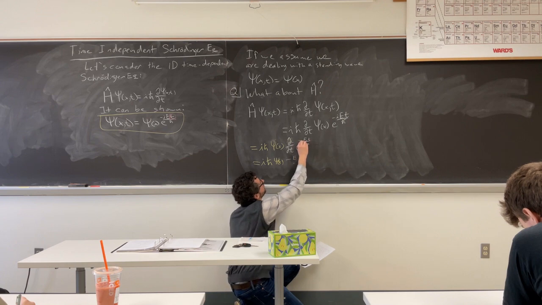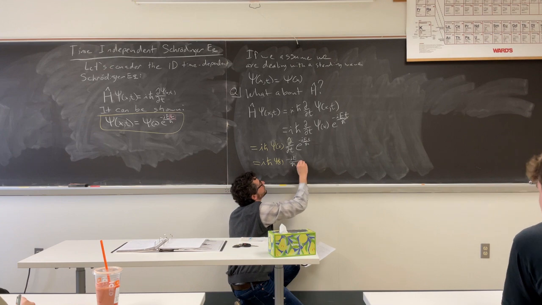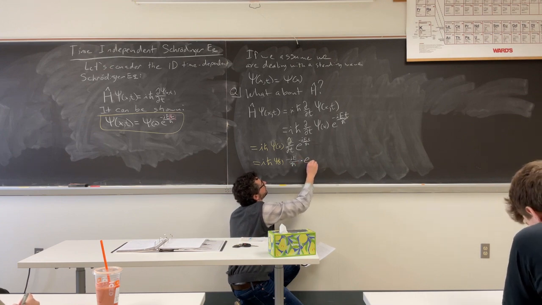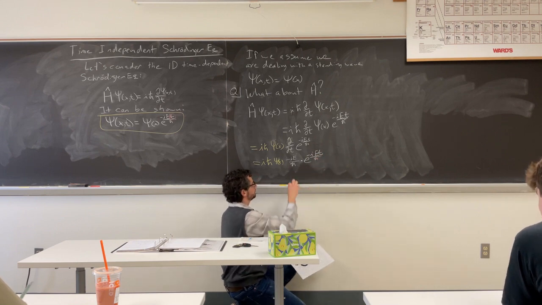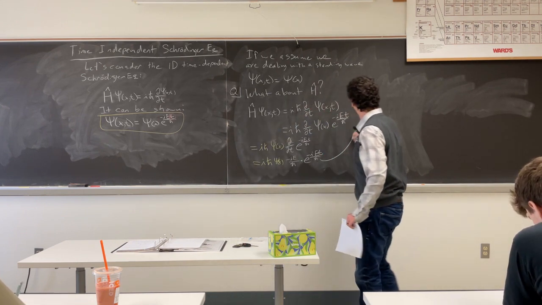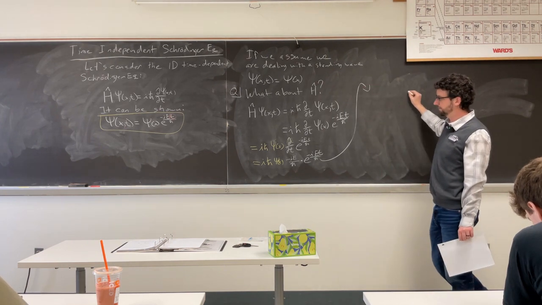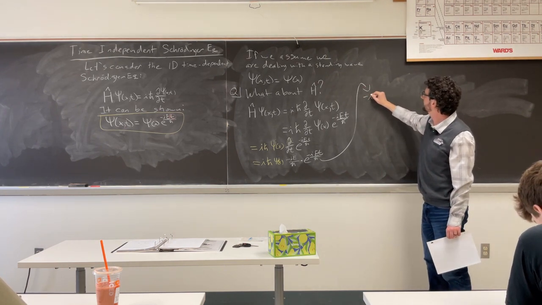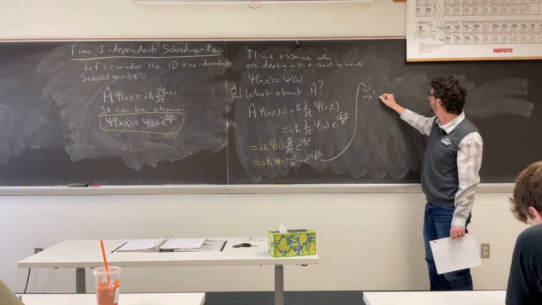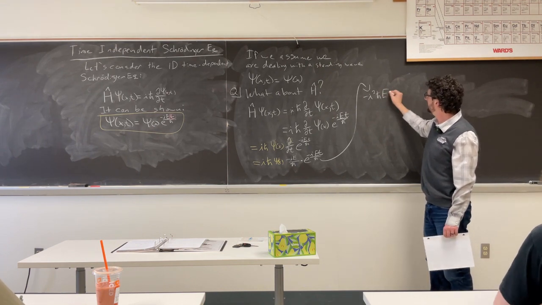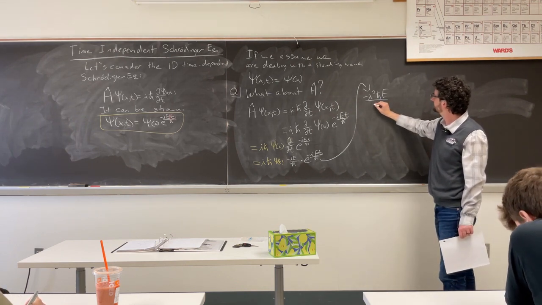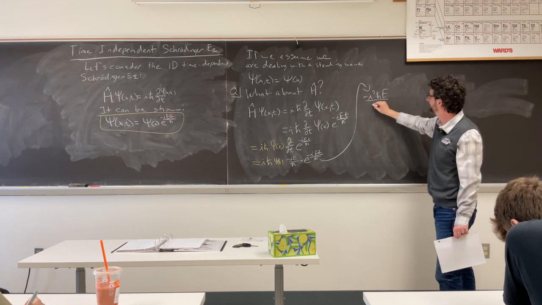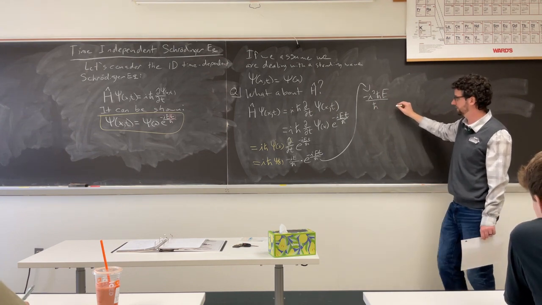Oh, yep, the i. There we go. Negative i E over h bar times what? Yeah. Okay. Let's take this stuff and combine it together. We get negative i squared E over h bar, divided by what? Yep. Times what else?